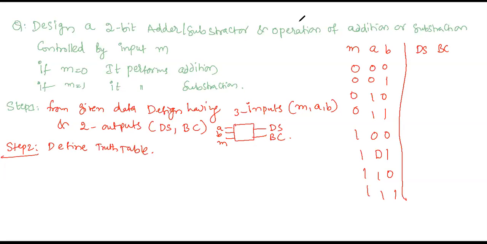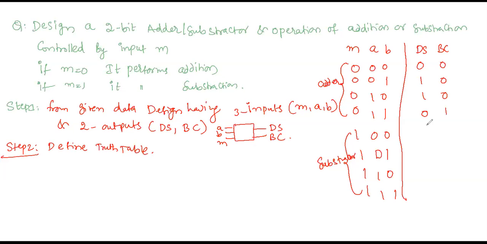Now, when M is 0, it acts as adder. When M is 1, it acts as subtractor. So M is equal to 0, it will act as adder. Write down 0 plus 0, sum is 0, carry is 0; 0 plus 1, sum is 1, carry 0; 1 plus 0, sum 1, carry 0; 1 plus 1, carry 1, sum 0.